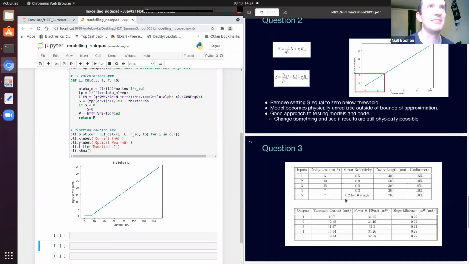The last part did have a sneaky part in there again. So I changed the reflectivity of both facets, and the tricky part here was just to know how to change those.